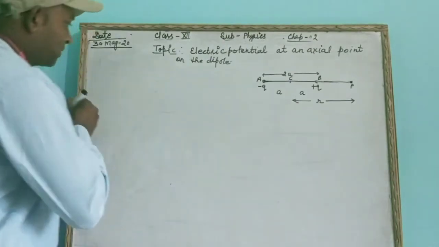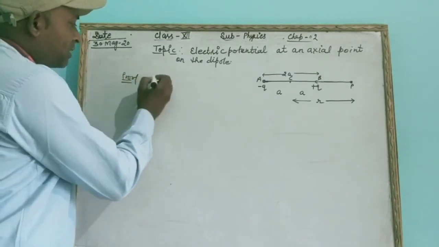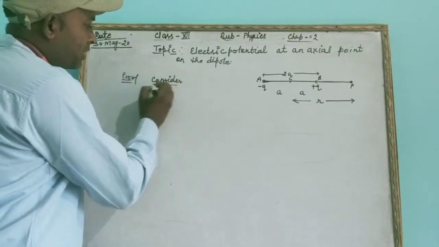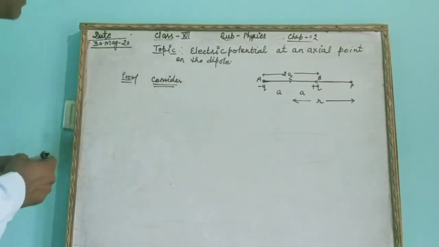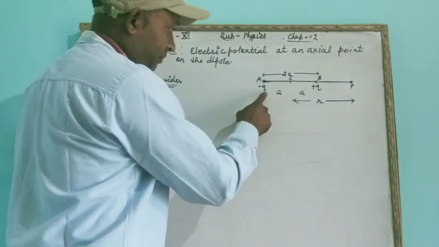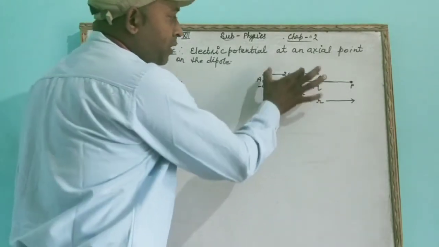First of all, the solution of the proof. Consider a pair of equal and opposite charges separated by a small distance of 2a.